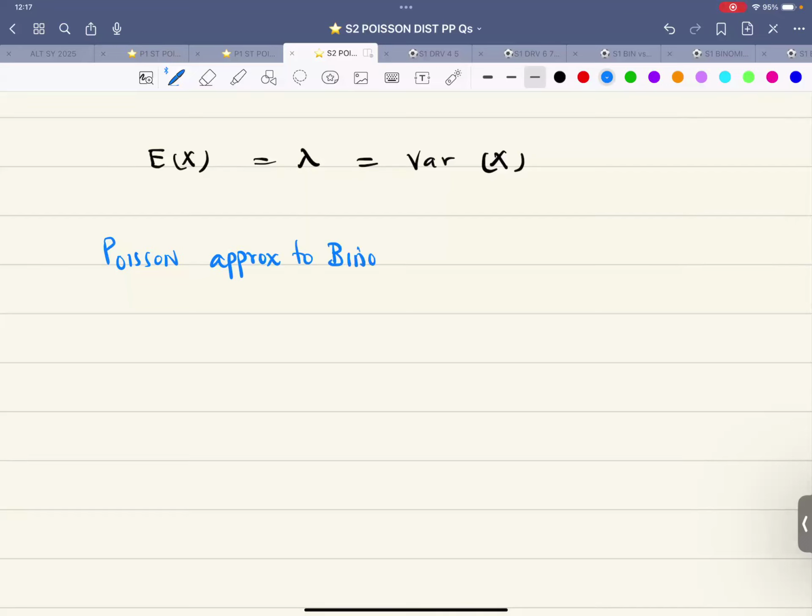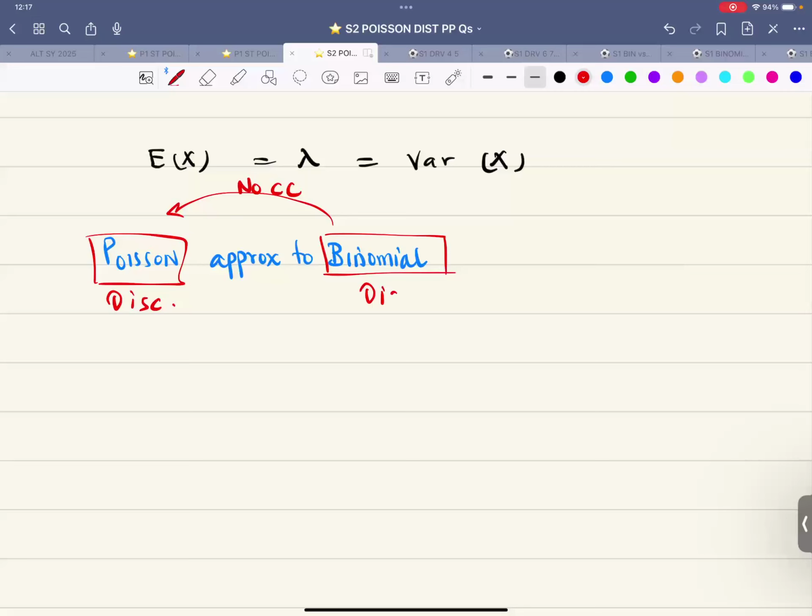That means the data is that of binomial, and you want to convert this binomial to Poisson. There is no continuity correction because both distributions are discrete. And also there are certain conditions that need to be fulfilled.